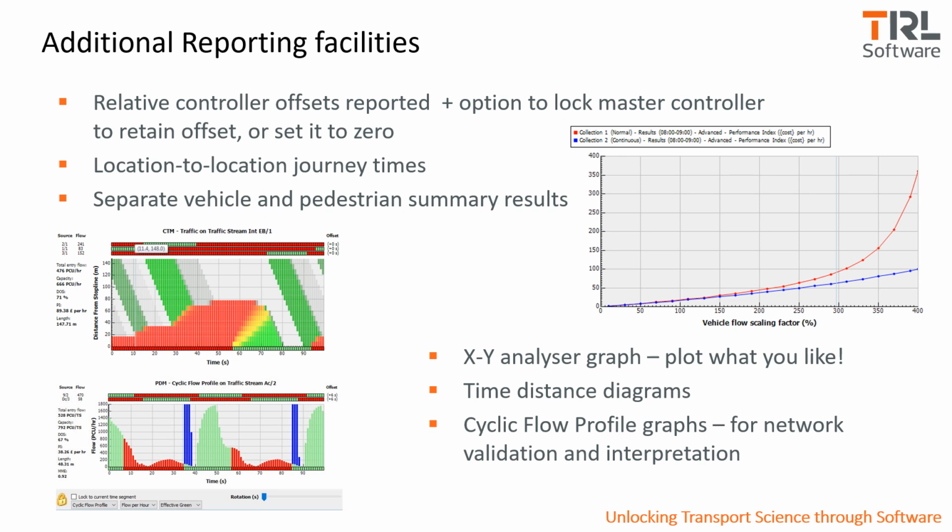And then on the bottom left there you've got the traditional cycle flow profile graphs and a more modern time distance diagram showing the traffic flowing from one upstream set of stop lines down to the final stop line below. Cycle flow profiles, of course, are great for network validation and interpretation. Once you get to learn to understand what they represent, they can be very, very useful indeed to check to see whether you've got a good model on your hands.